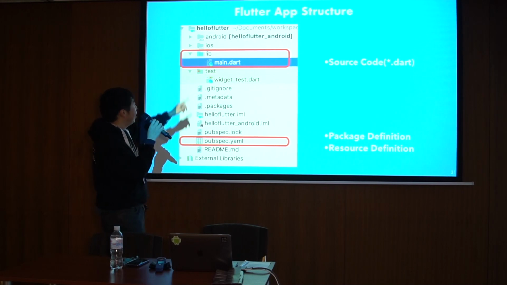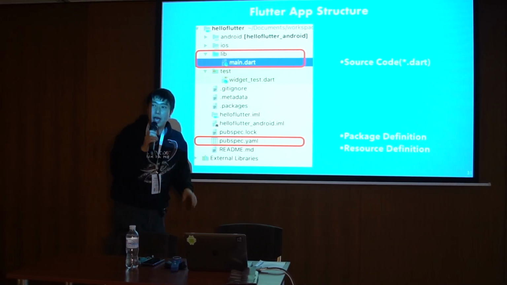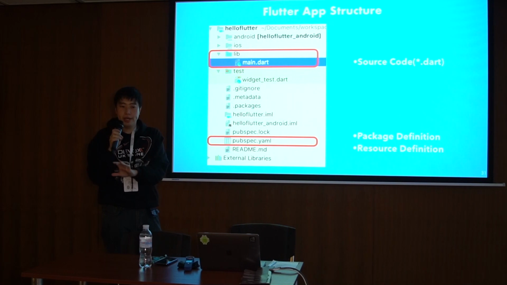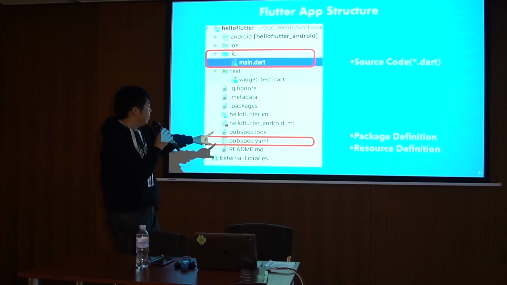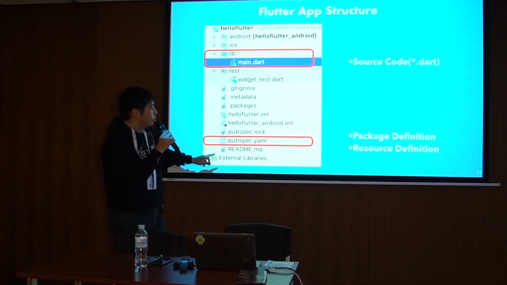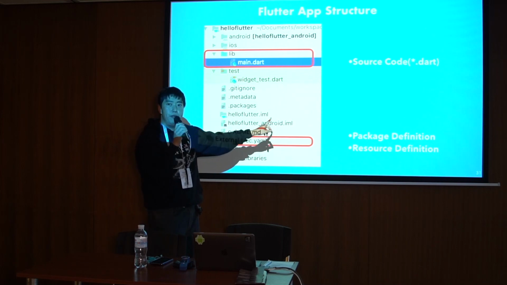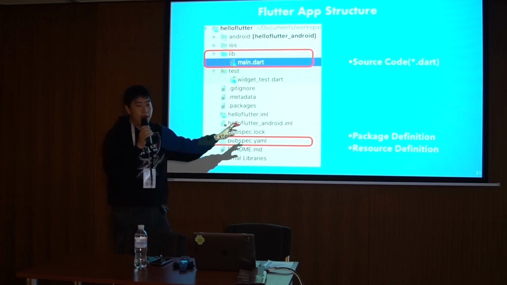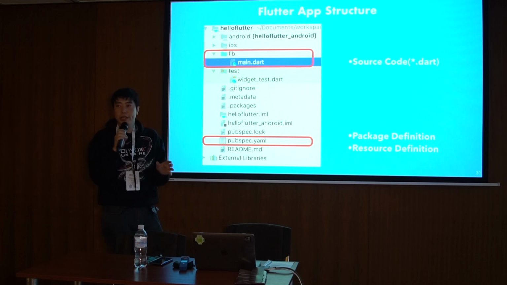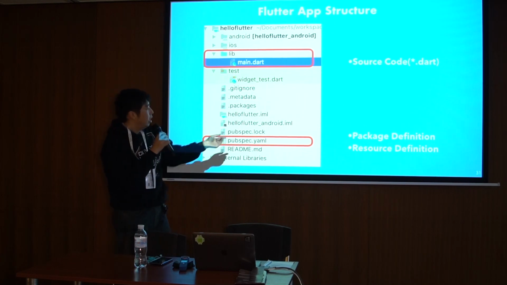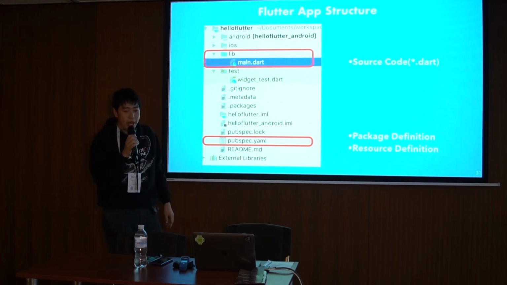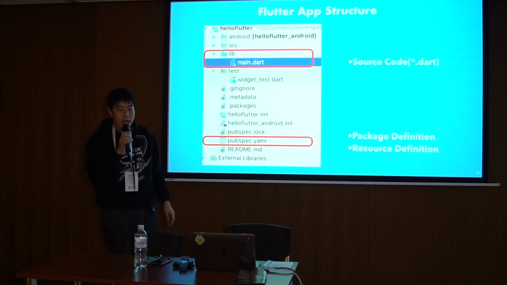The first file, main.dart, includes business logic and UIs. And the pubspec.yaml file includes package definitions, for example third-party libraries, and resource definitions, meaning images.